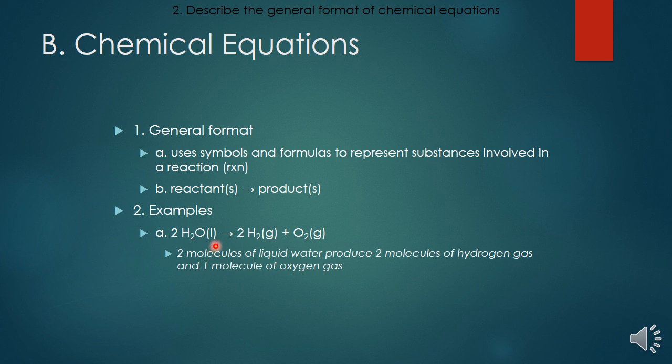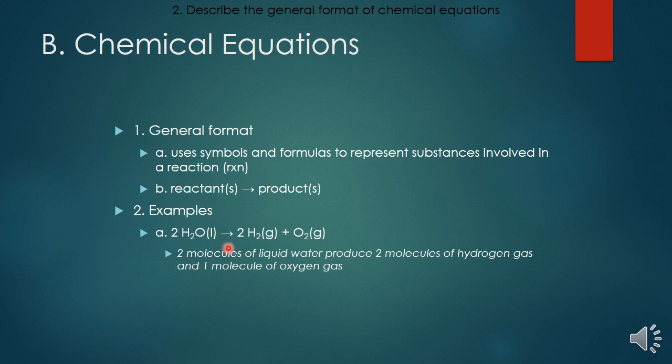Notice that the letters in the parentheses correspond to the physical states. We're told we have 2 molecules of liquid water, the L standing for liquid, and then we get hydrogen gas and oxygen gas. That's why we have the G's in parentheses, to show those are both in the gas state.